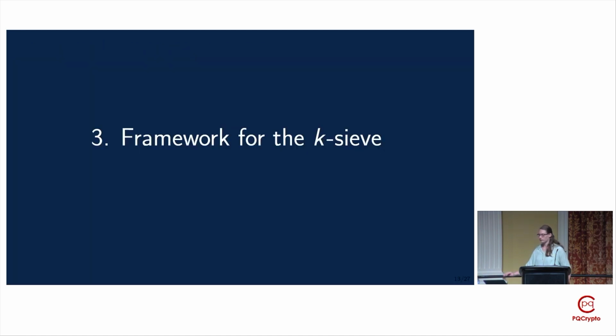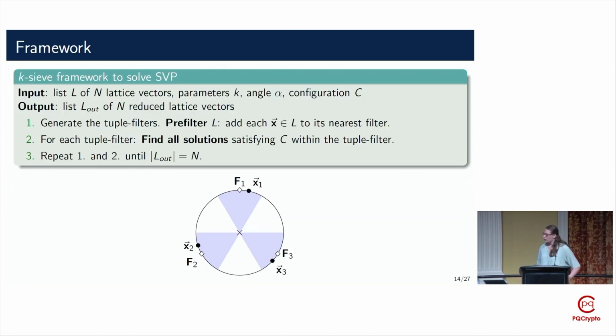So we have constructed this code, and we wanted to apply it in an algorithm to solve the k-sieve with tailored filtering. Our algorithm is a sieving step. We start with n lattice vectors, and we want to compute n reduced ones. Our parameters are k, the number of vectors we sum together, an angle alpha for filtering, and the configuration C. If you remember, we can choose C balanced to minimize the memory, or unbalanced to minimize the time.